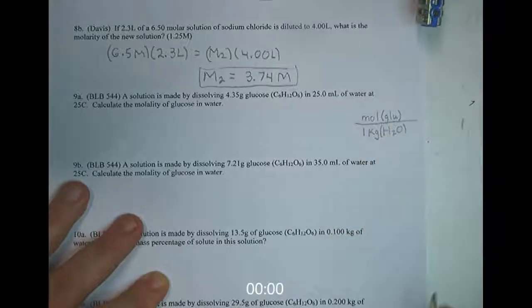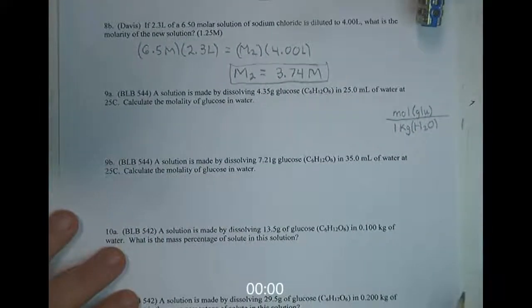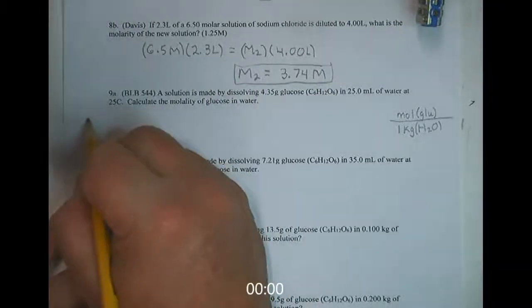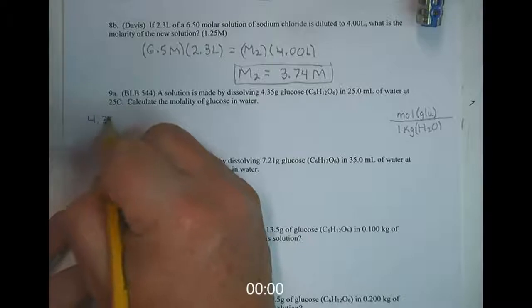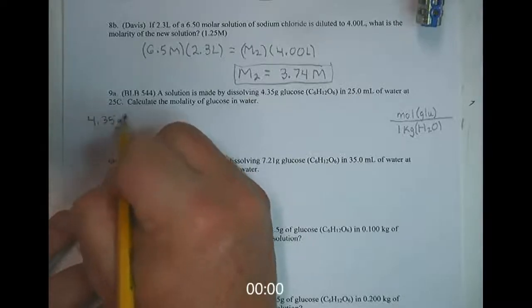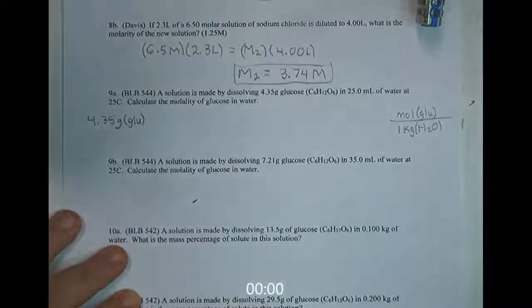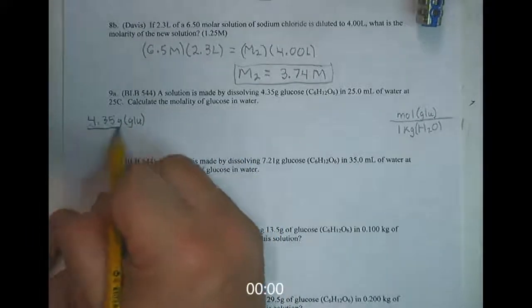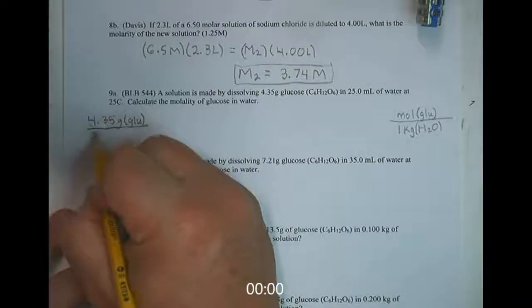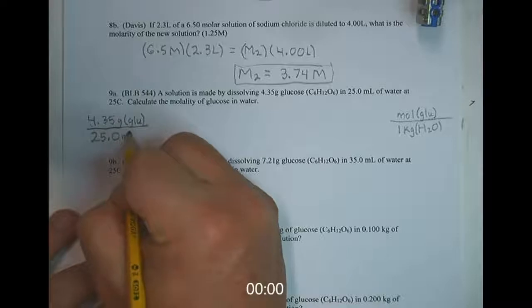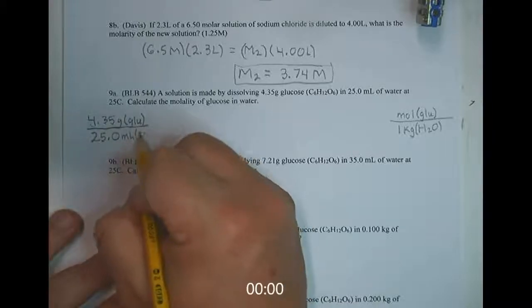Okay. Now, what do we start with? We come way over to the left with what we start with. We start with 4.35 grams of glucose, C6H12O6, for every 25 milliliters of water, H2O. So we know we have that concentration right there.